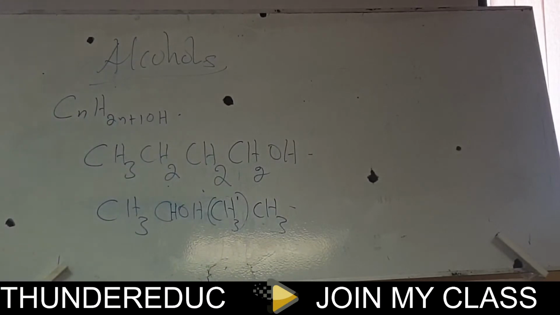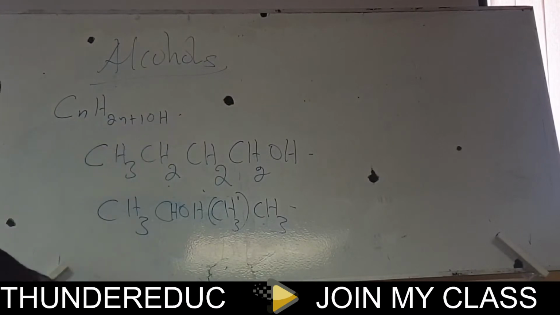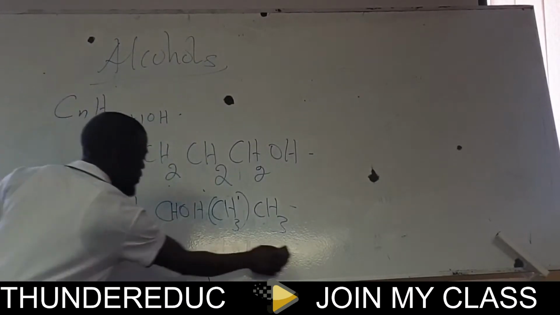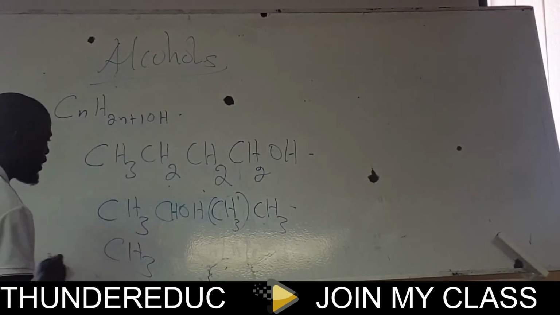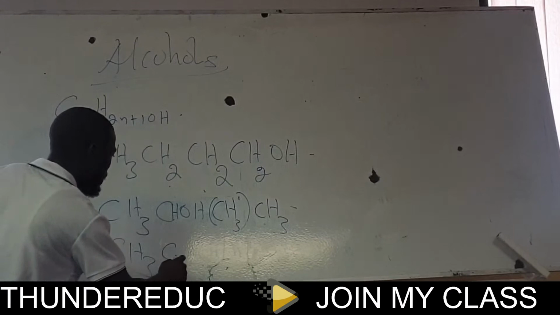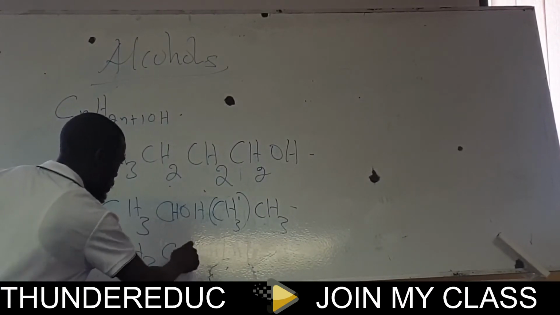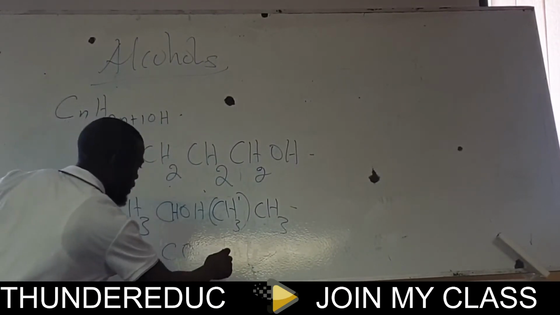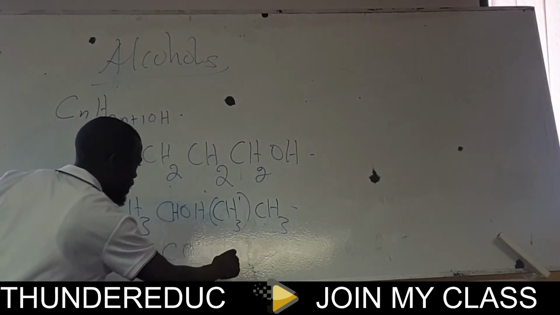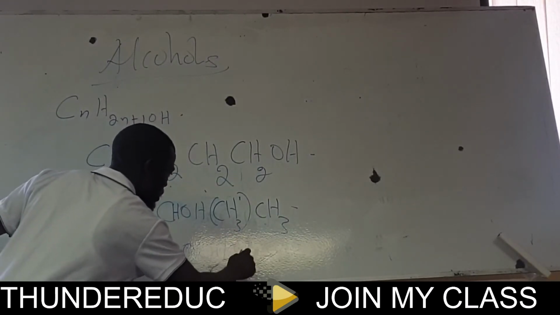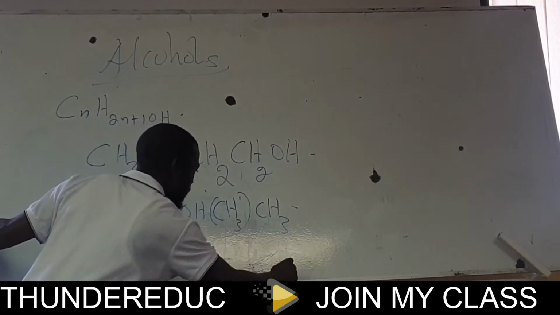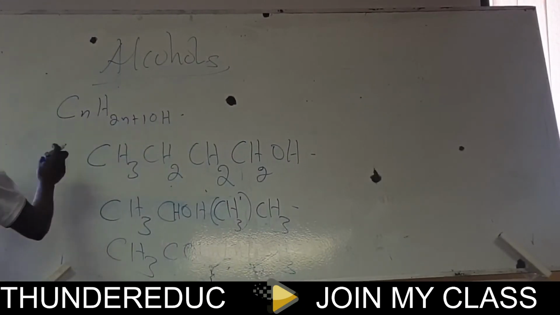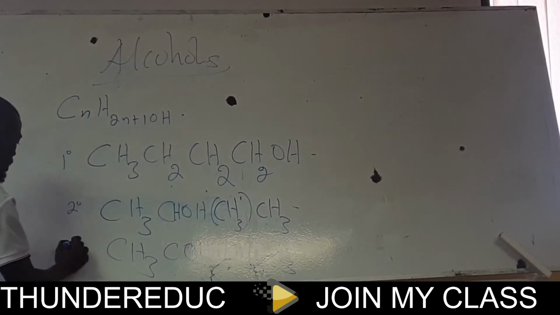That's a secondary alcohol. Now, I'm going to expand it so that you see it clearly. Then the third one is going to be CH3, C. So one is a primary, one is a secondary, one is a tertiary. This is primary, this is secondary, this is tertiary.